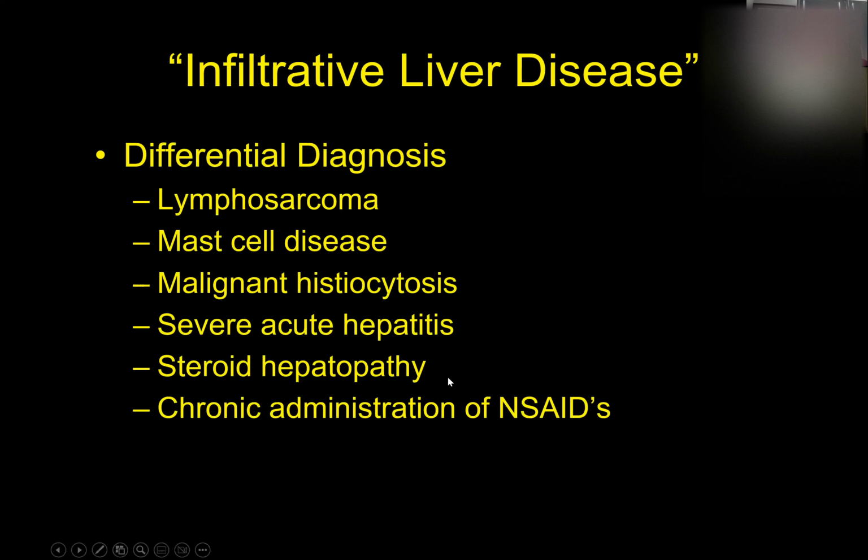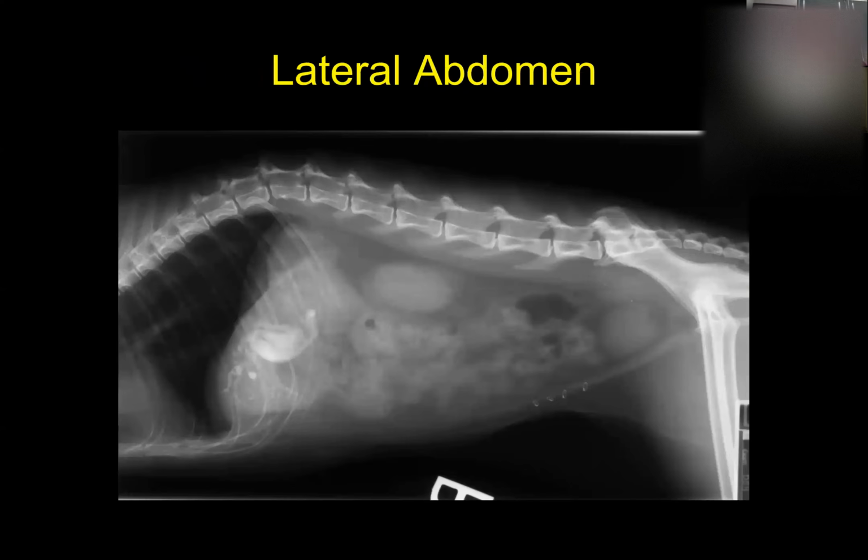Or steroid hepatopathy: dogs with Cushing's sometimes get hyperechoic, enlarged, mottled livers. Or if they've been on chronic Rimadyl or Metacam or another nonsteroidal for years, those can become hepatotoxic and cause the liver to look somewhat abnormal, but not discrete mass lesions.